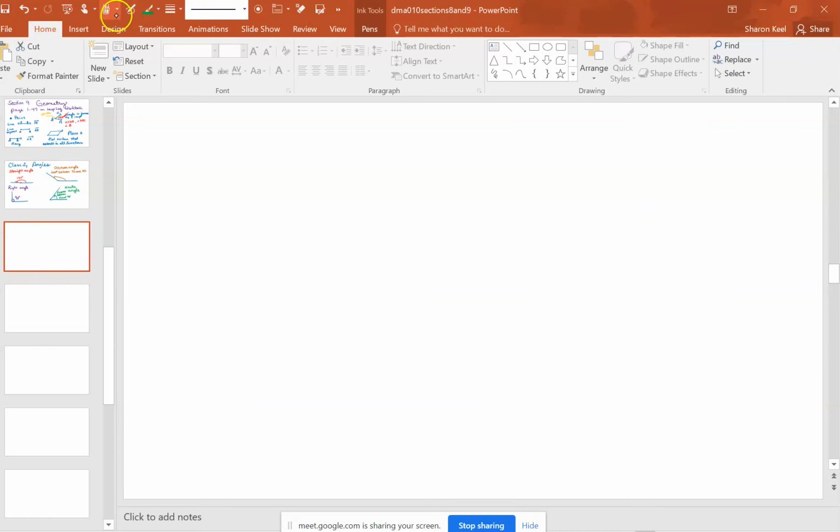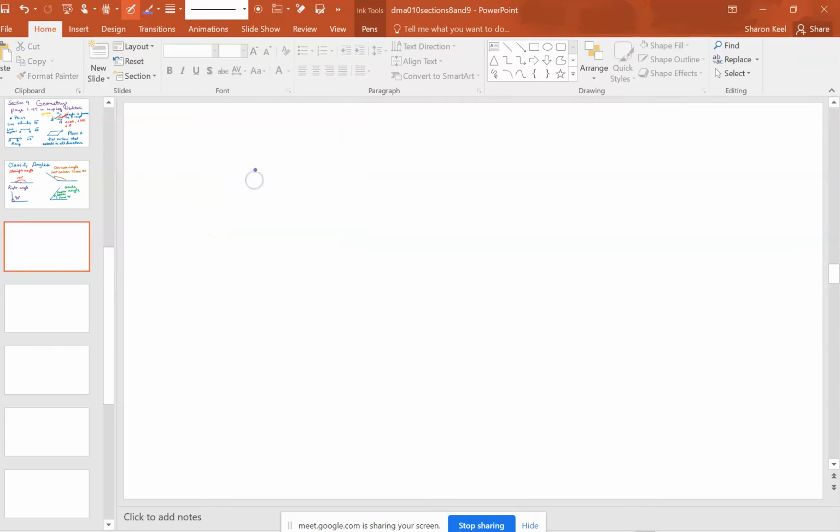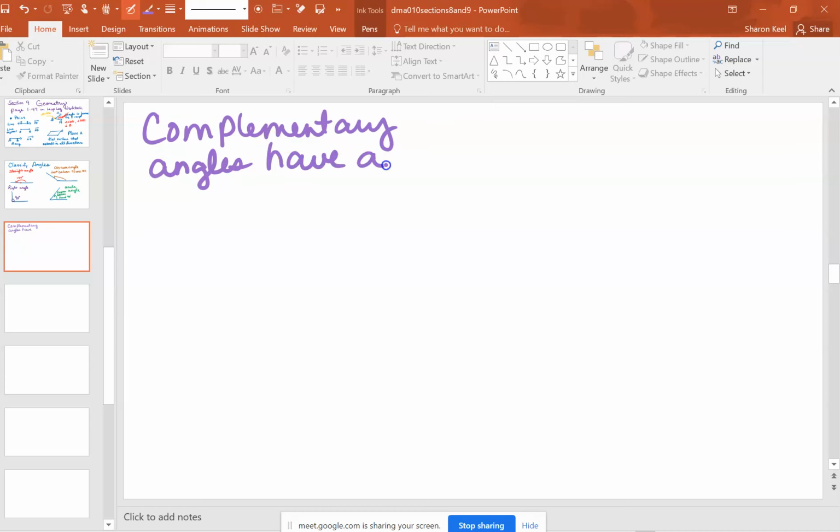As we look at different types of angles, we have two very special terms called complementary and supplementary angles. Complementary angles have a sum of 90 degrees.